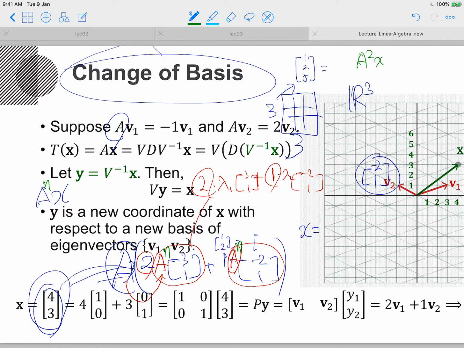A squared times v1 can be represented as A times A v1, and this simplifies to A times lambda 1 v1. Lambda is a scalar, so A can be moved in between. Then A times v1 gives another lambda 1, and thus this is lambda 1 squared v1, right?